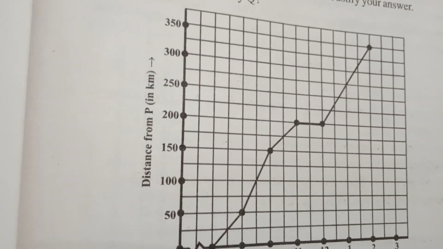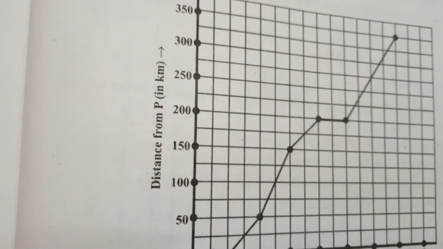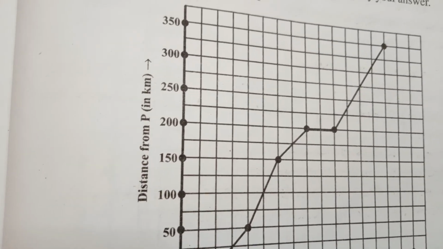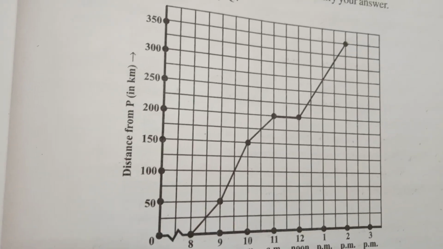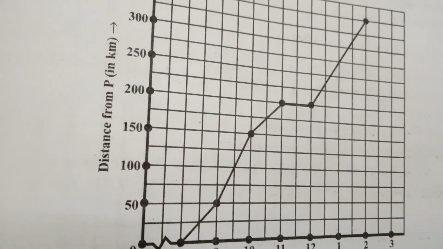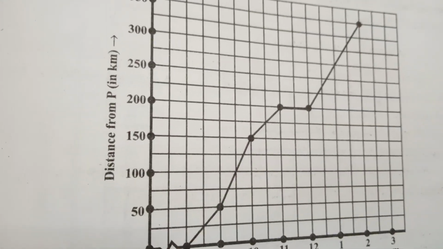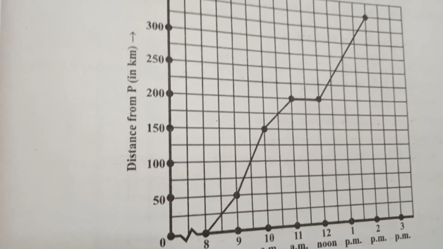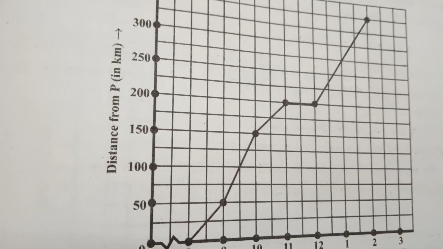So the distance from P in kilometers: 50, 100, 150, 200, 250, 300, 350. Here on the time axis, we are not representing the earlier times, like 6 and 7 in the morning. Directly we started at 8 a.m. You see here, 8 a.m. they started.